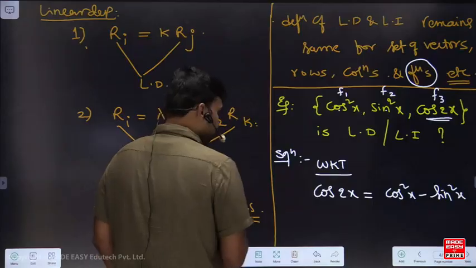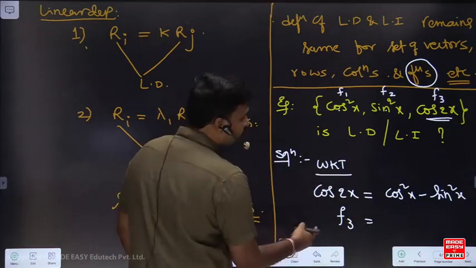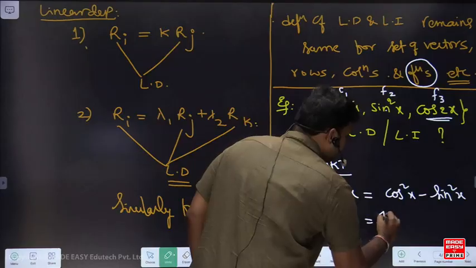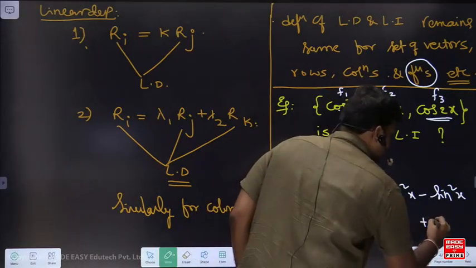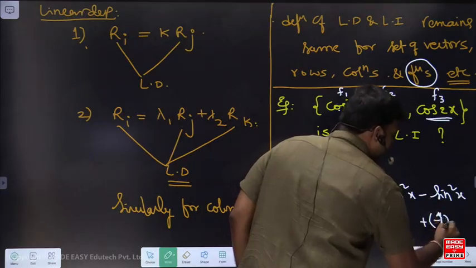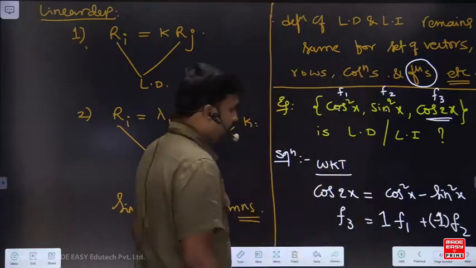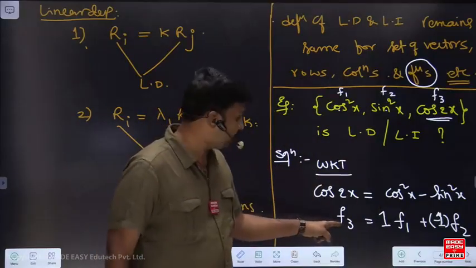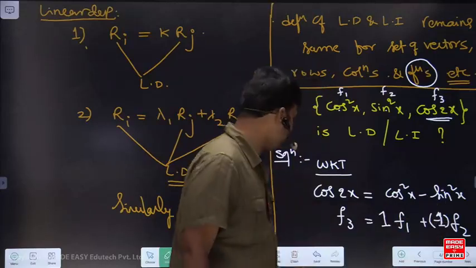So this is nothing but f3 is equal to 1 into f1 plus minus 1 into sin square x, that means f2 here. Now you can see this very clearly, my dear students. f3 is written as the linear combination of f1 and f2.